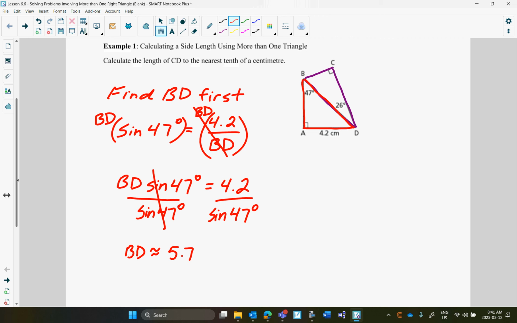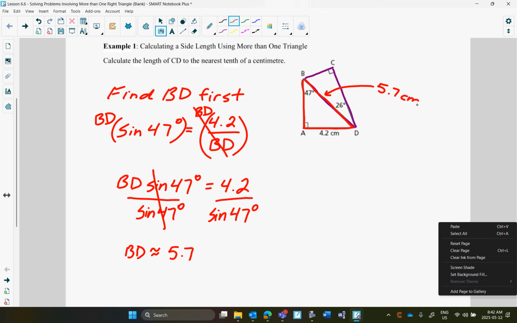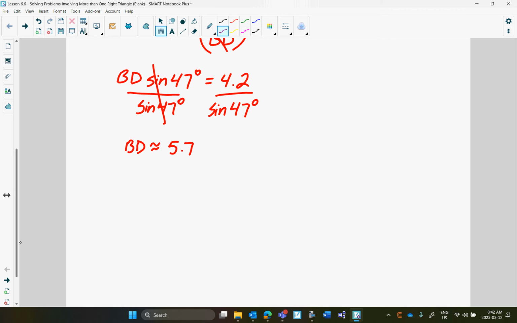So now we've got this. Now I have enough information in the purple one to find CD, which is what I was asked to find in the first place. So now we can go ahead and find CD.